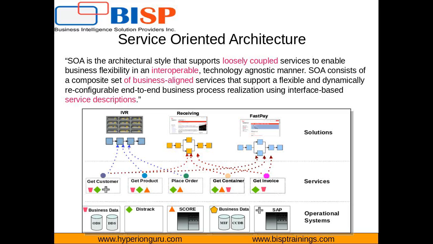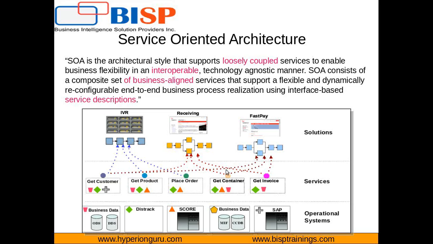So, for example, if you see in this diagram, you have a service called Get Customer, which fulfills a business need, a particular functional need. You have Get Product, which is a business need. You have Place Order, Get Container. All these are services which are fulfilling some need. So your definition of a service, what IT defines, should be of that nature.